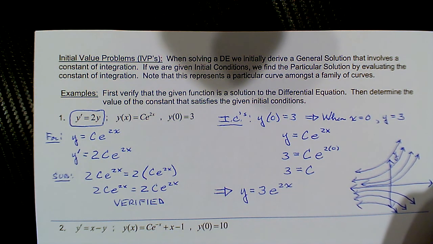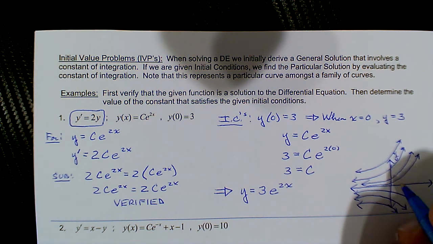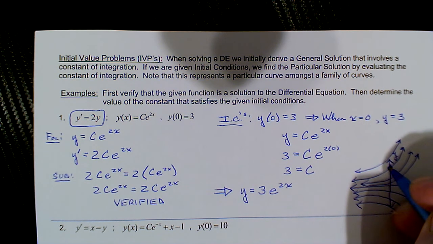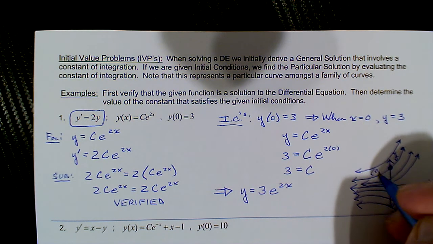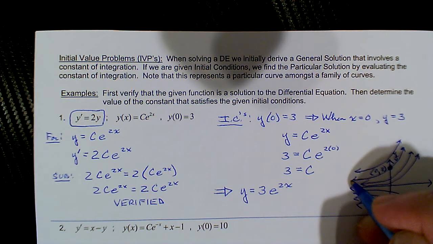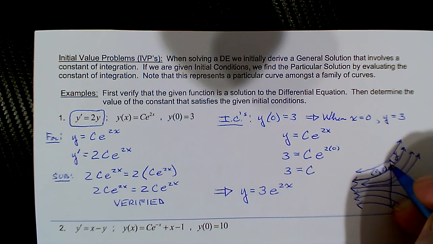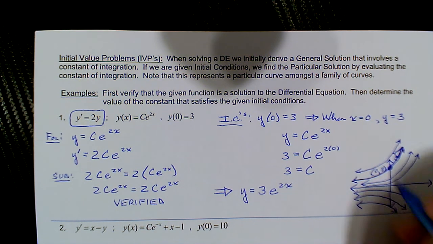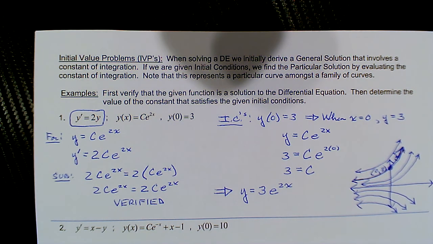And we basically found the particular solution, which when x was 0, y was 3, so let's say this was the point here, (0, 3). And so we found that particular curve amongst this family of curves.